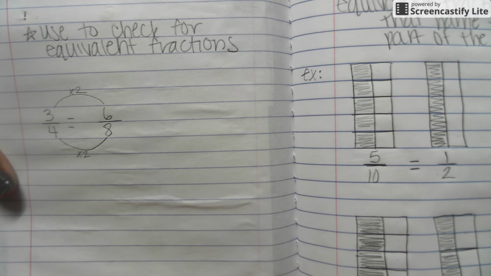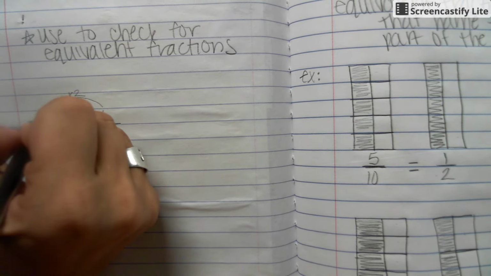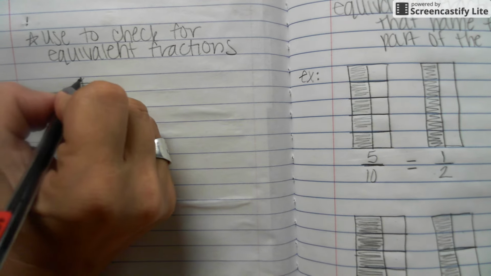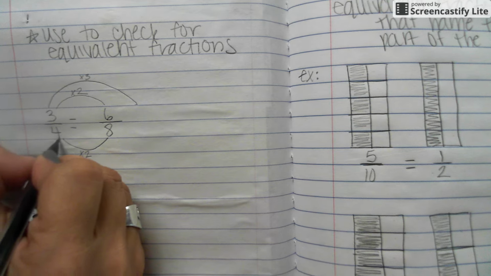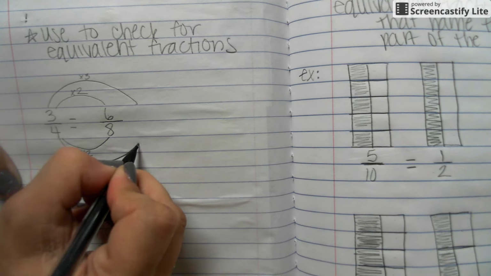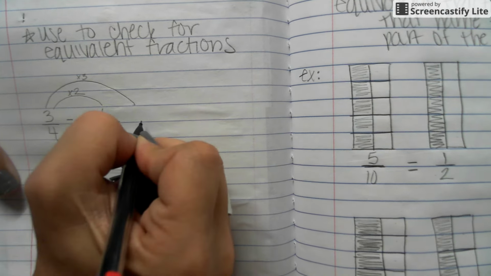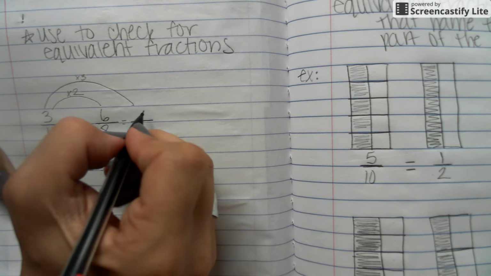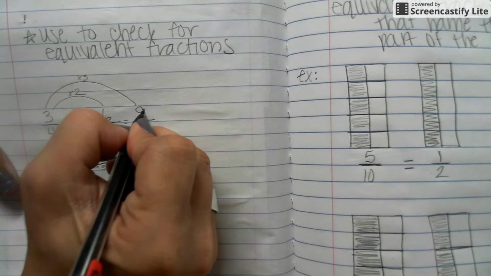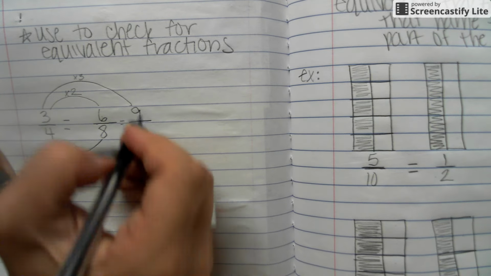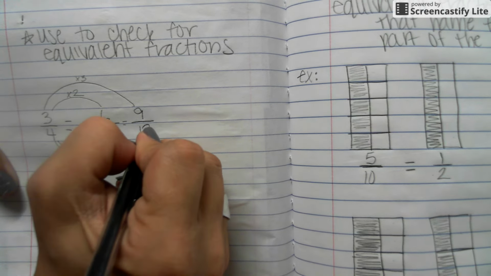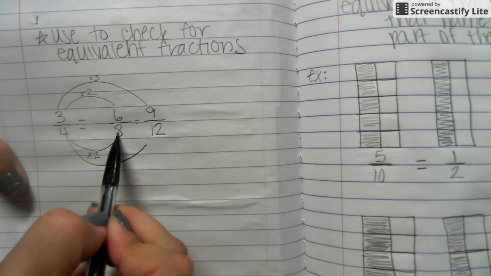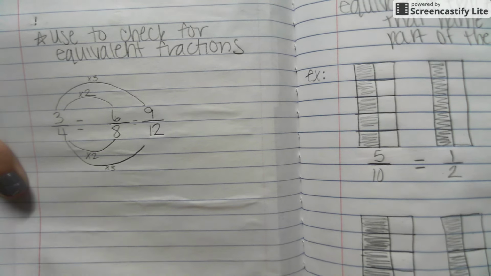Well, let's see if we can do another one. If I multiply the top by 3, then I have to multiply the bottom by 3. So 3 times 3 is 9. 4 times 3 is 12. So 9/12 is equivalent to 6/8, which is equivalent to 3/4.